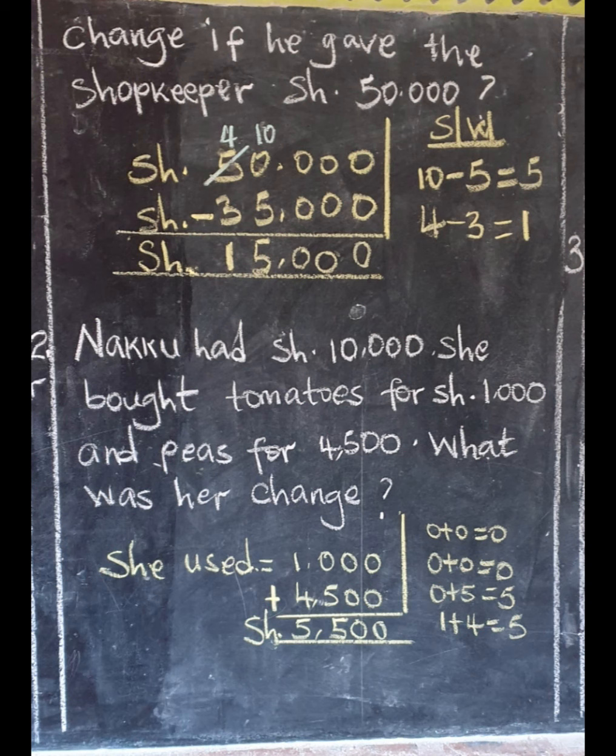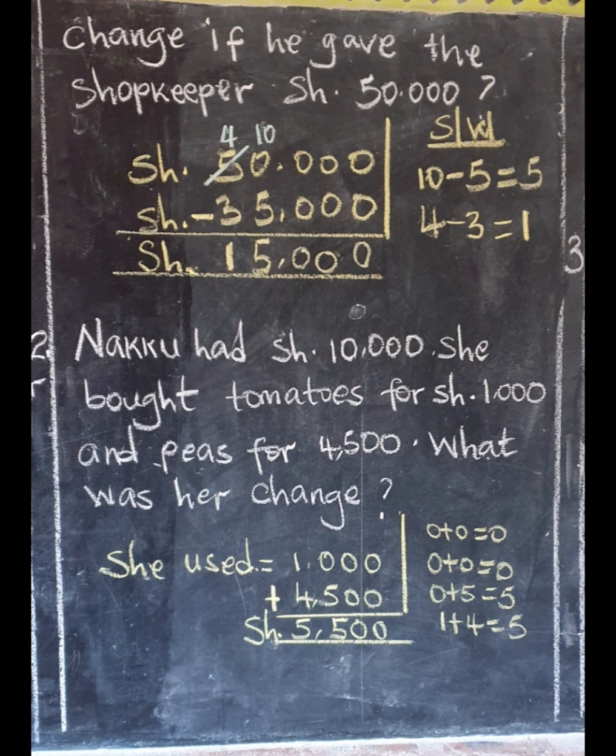Here they're saying, Naku used both tomatoes and peas. So we're going to first get the total amount she used to buy both tomatoes and peas. Whereby she used tomatoes 1,000, then peas she used 4,500. When we get 1,000 and we add 4,500, we shall get the answer as 5,500.